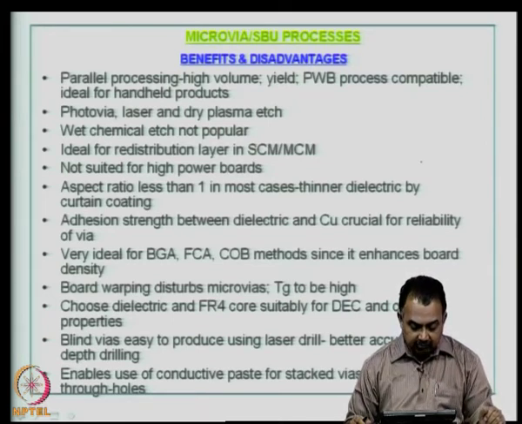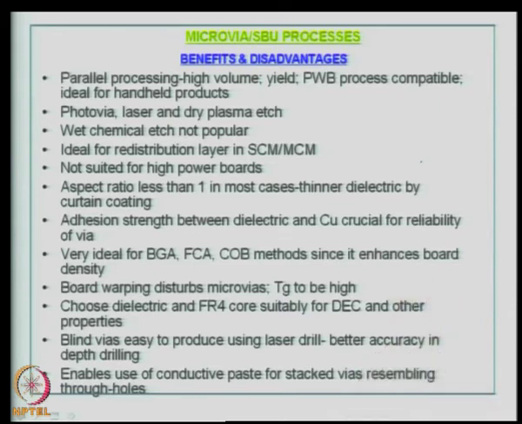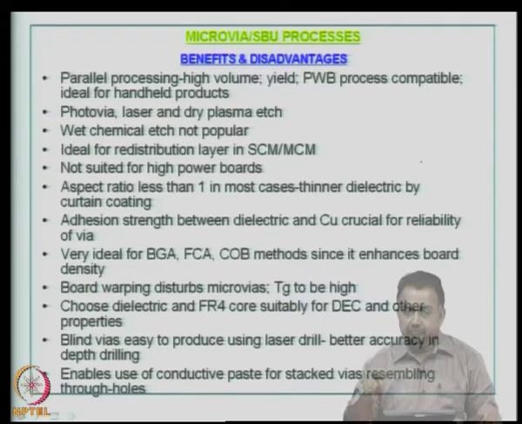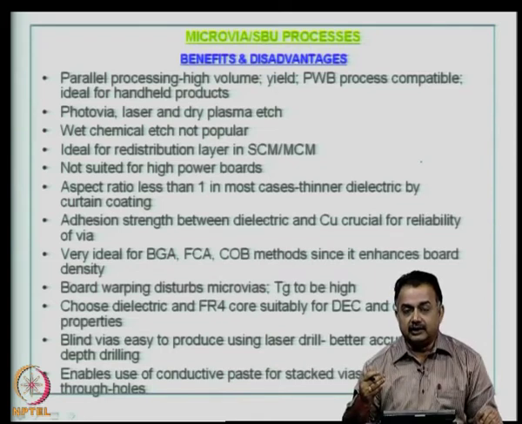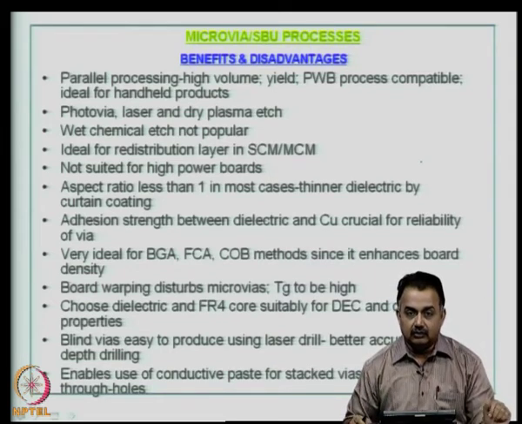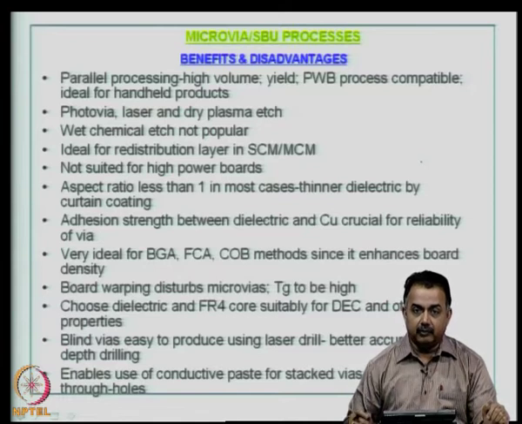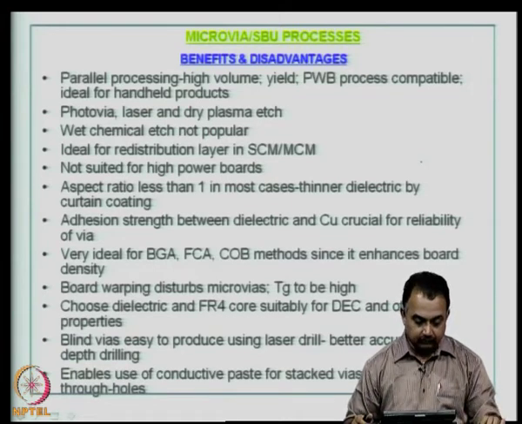This process enables use of conductive paste for stacked vias resembling through holes. That means, you open up a via and then you fill the vias with conductive paste. So, it resembles a through hole and it can provide much better rigidity.